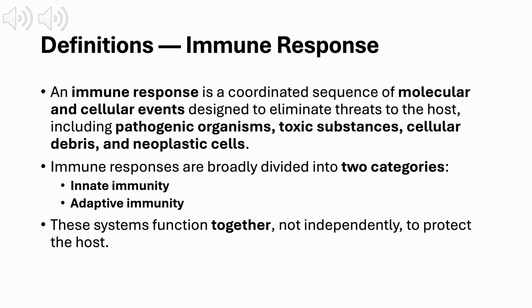This division is useful for understanding their different roles, but it should not imply that they operate separately. In practice, the innate system detects danger and initiates the response, while also helping direct and shape the adaptive system. Together, these two arms create a coordinated defense that eliminates threats while attempting to preserve normal tissue.